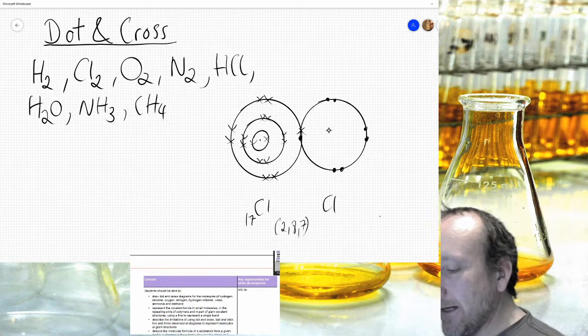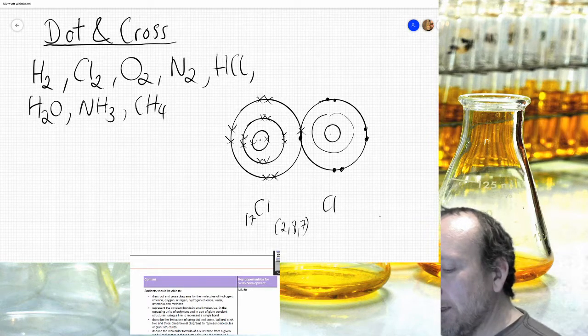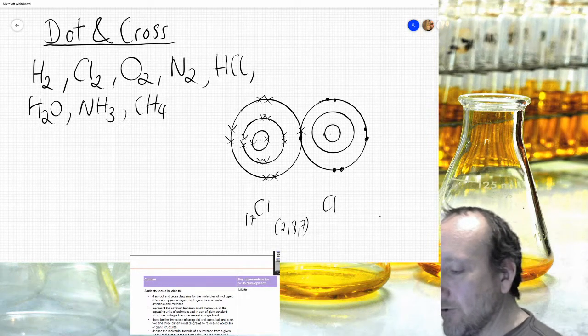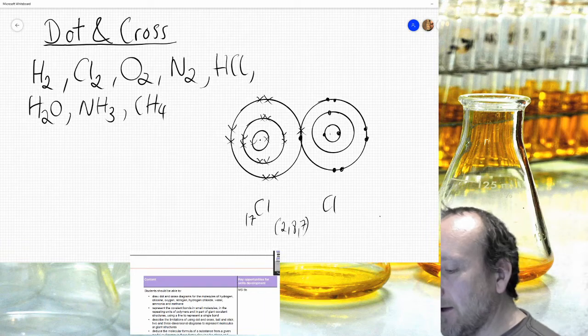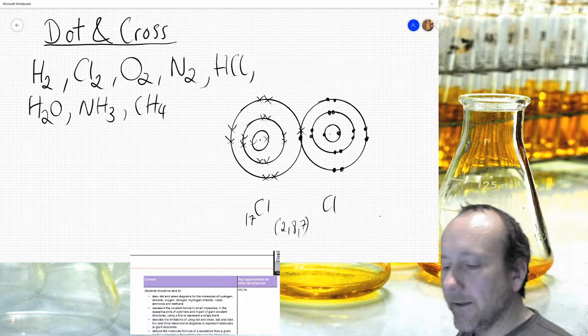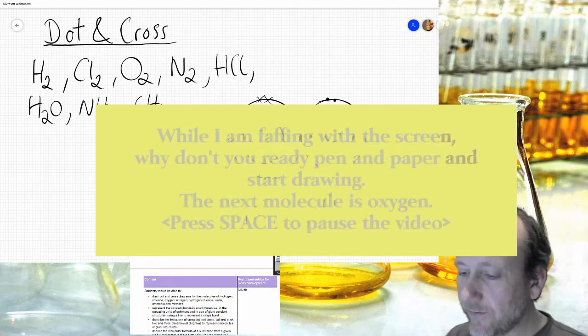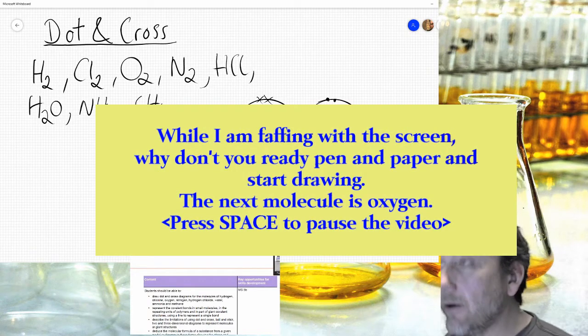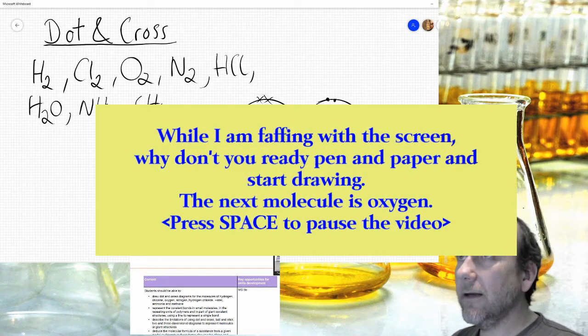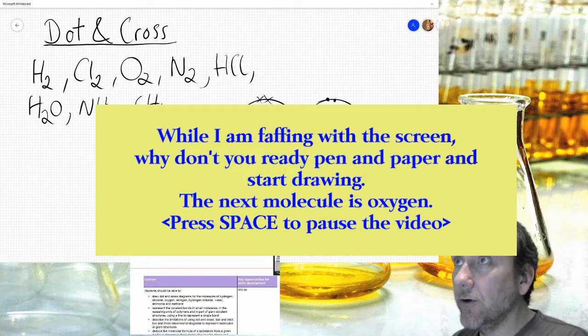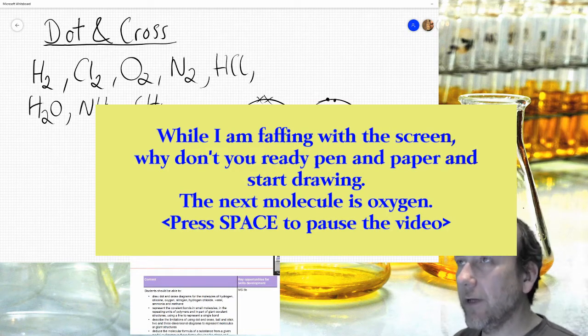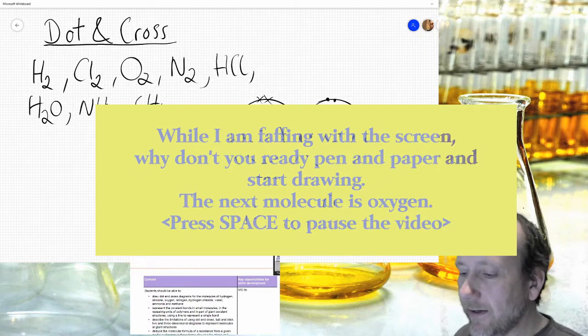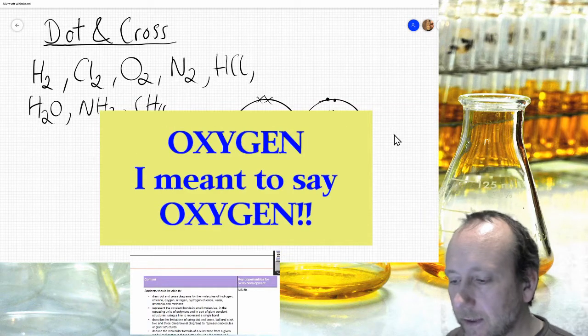I could also complete the inner shells for that, and I shall do that this time. But for the rest of the practice, I will spare myself that where appropriate and just draw the outer shells. I will, however, give you the electron configuration so that you could potentially draw the complete atom.